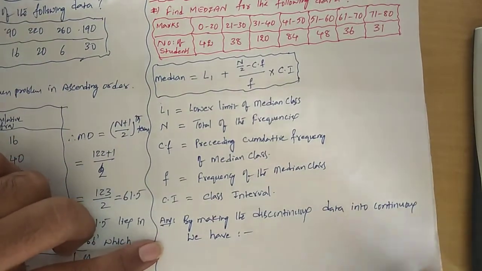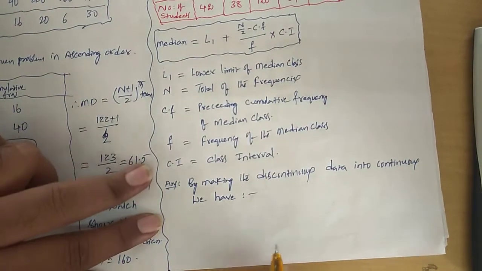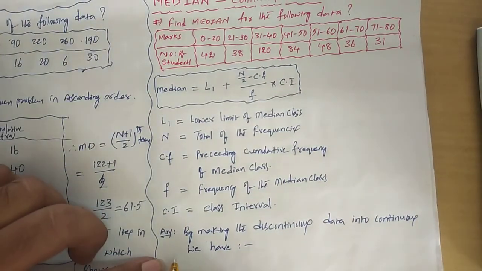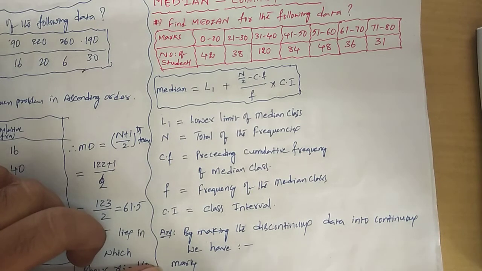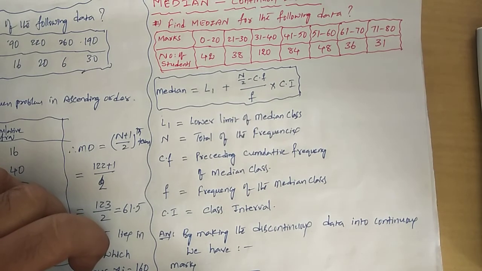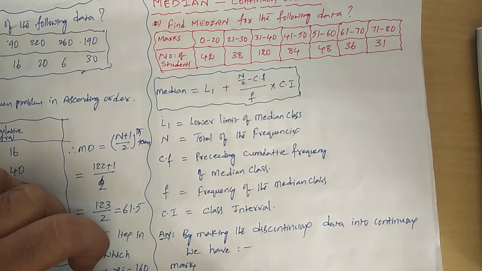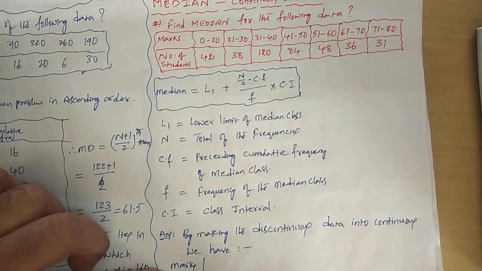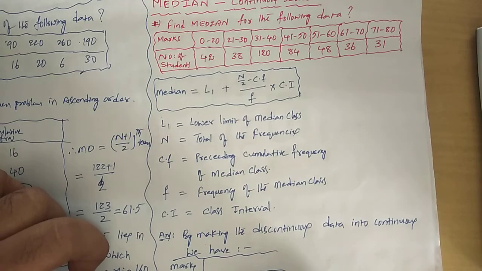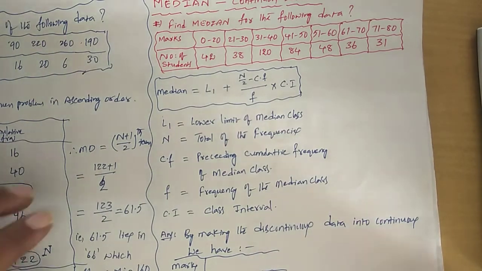So what I am doing, all of you observe carefully. As usual, I put here marks. Now again, the next column is going to be number of students. So I am going to fill up the information in a continuous format.